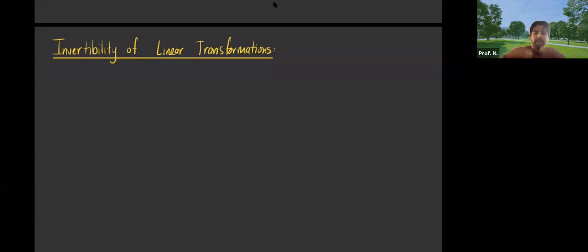If I apply a transformation such as reflection, it seems natural that I can undo it. If I reflect across the x-axis in R2, how do I get back the vector I started with? I just reflect it back. So we're going to talk about invertibility, and associated with it is the invertibility of matrices.